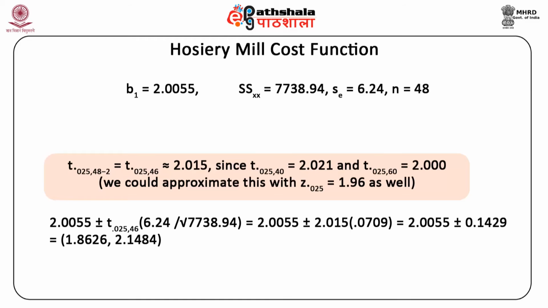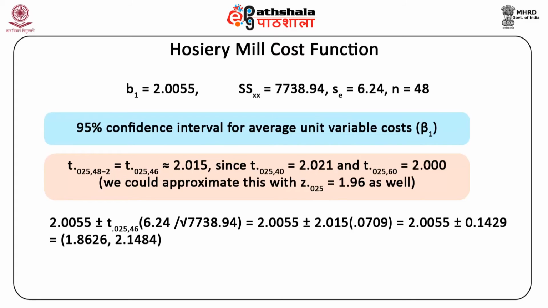Now this is equal to 2.0055 plus minus 2.015 into 0.0709. And on simplification, we get this equal to 2.0055 plus minus 0.1429. And this gives us the confidence interval of 1.8626 and 2.1484. So we can say that we are 95% confident that the true average unit variable costs are between $1.86 and $2.15.